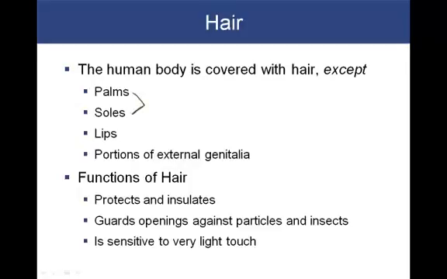In terms of function, hair protects and insulates. In terms of insulation, we do not have enough body hair, at least most of us don't, to serve a major function. But if you think about other mammals with thicker fur, you can imagine that they're quite able to insulate their bodies and hold in heat.